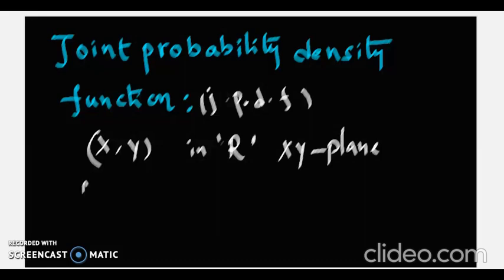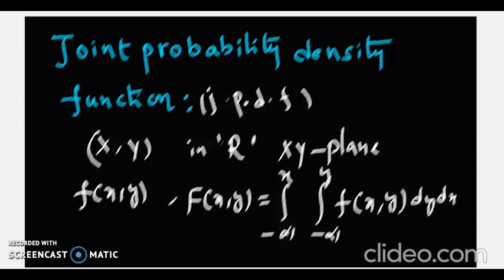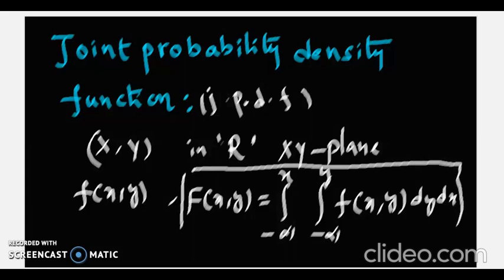Then a function small f of x comma y, defined such that capital F of x comma y is equal to the integral from minus infinity to x, integral from minus infinity to y, f of x comma y dy dx, is called the joint probability density function in the two-dimensional or bivariate continuous random variable case.